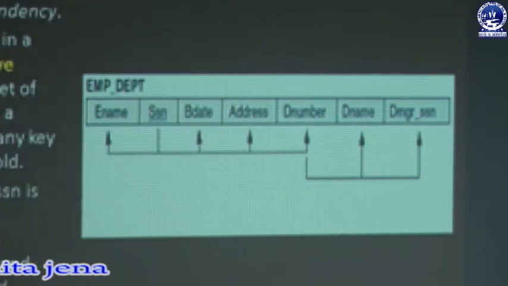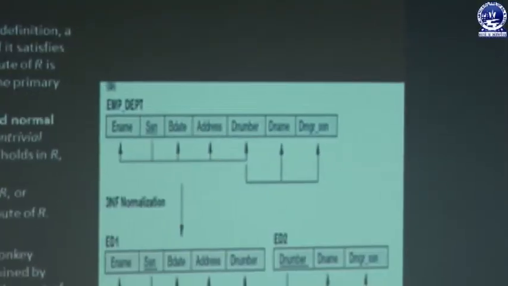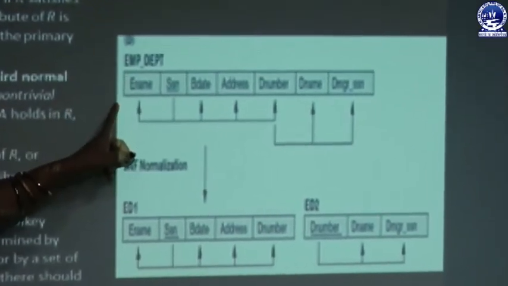The third normal form says what? A relation schema is in third normal form if it is in second normal form and there is no transitive dependency in that relation schema. So, we can see how this relation schema is in third normal form. This is the EMP_DEPT relation schema.